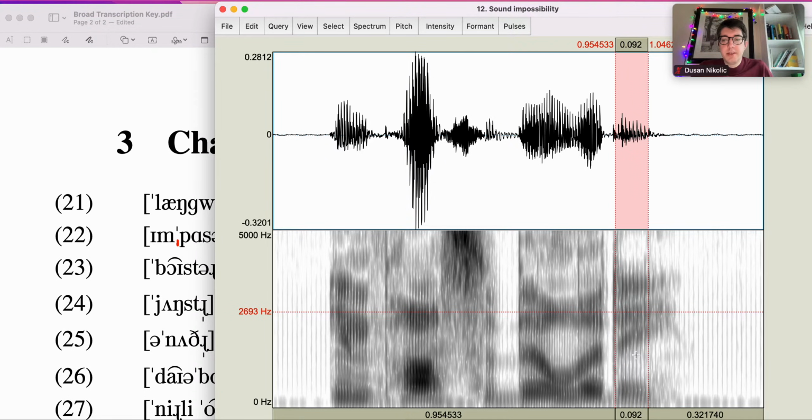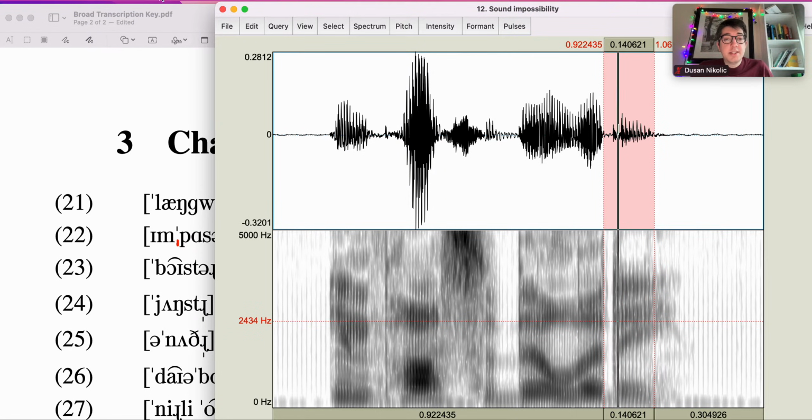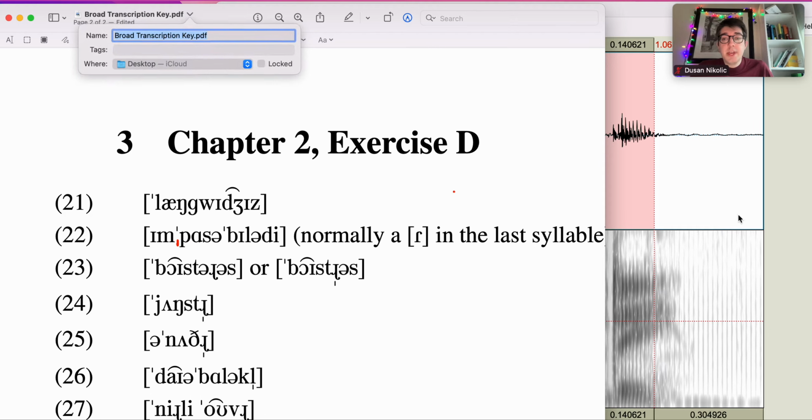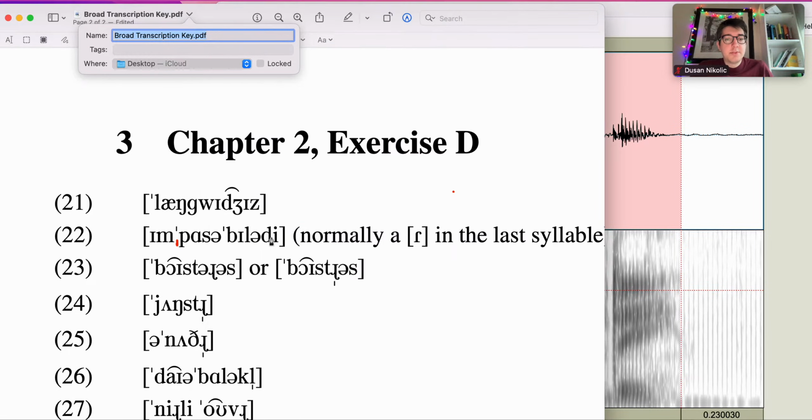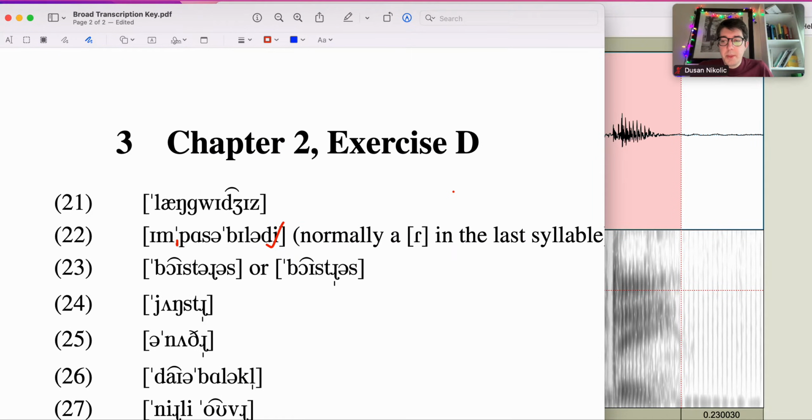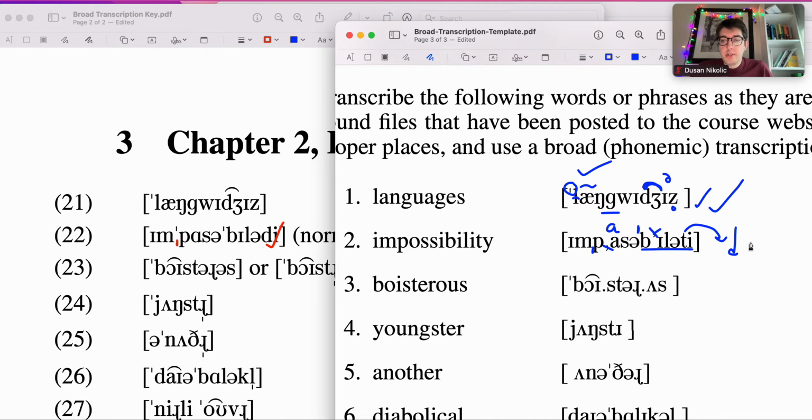It's obviously voiced, and it's obviously d. Even a flap would work. Possibility. Stability. Yeah, here it's more like a d. I agree, but flap would work as well. Right? Remember, attic, city, impossibility.